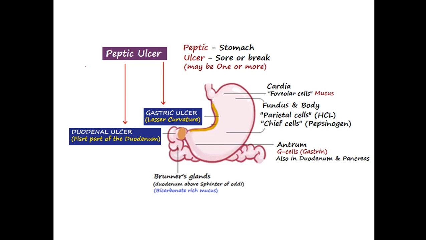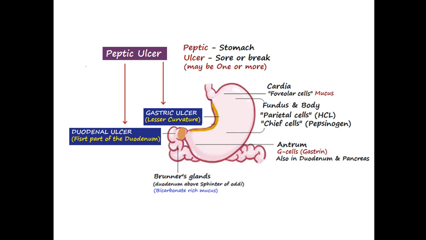Now, peptic ulcer: peptic means the stomach, while the ulcer means a sore or break in the mucosa. So, peptic ulcer affects the stomach, particularly the lesser curvature of the stomach, and also the duodenum, mostly the first part of the duodenum.